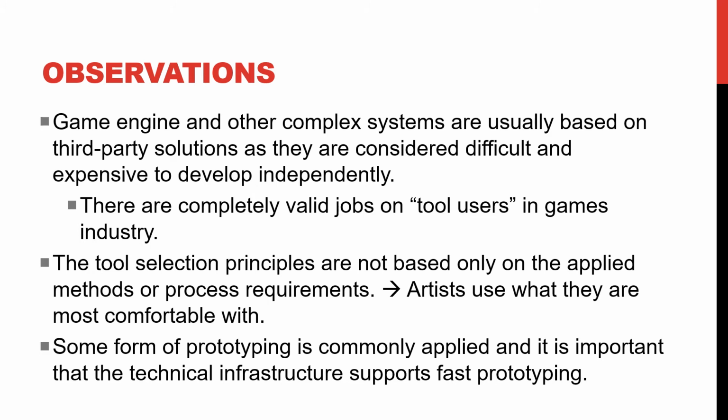So in general, the game engines and other complex systems are used because they save time and money. Of course, this only goes so far. The game engine and other complex systems or platforms are used as long as we have need for them.